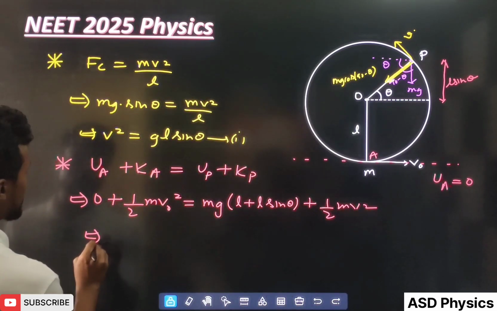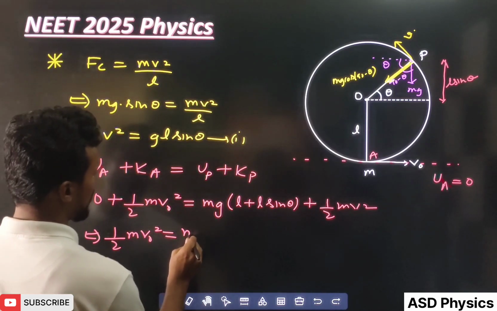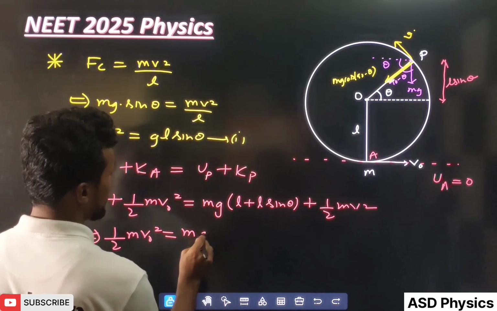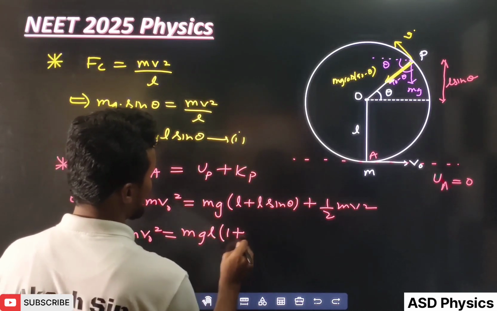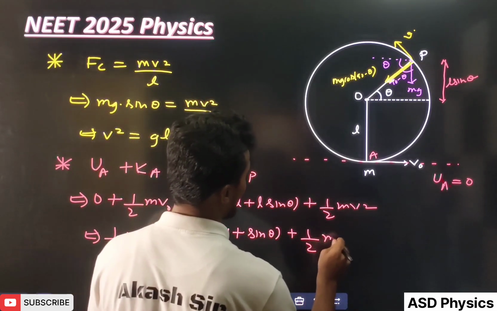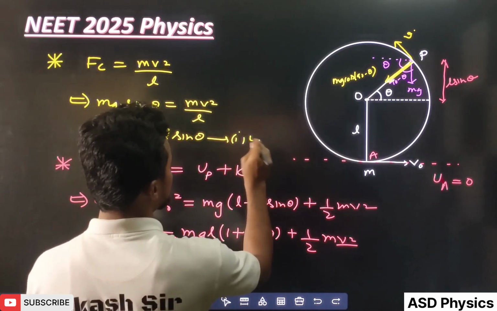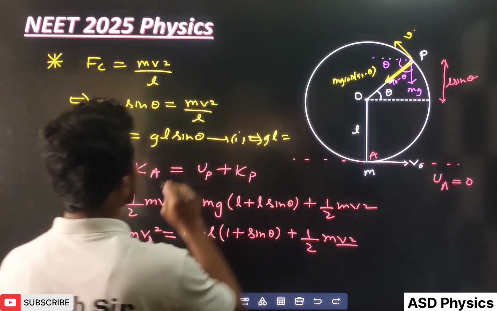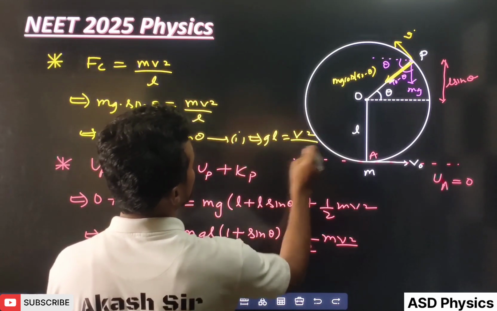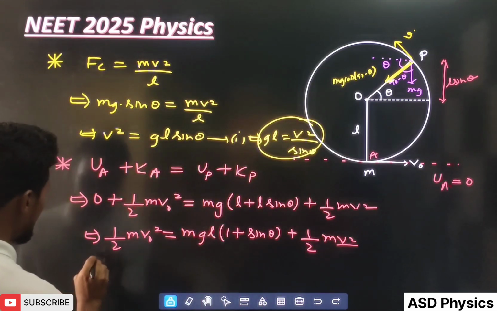Now what will become here? Kindly see, students, half m v naught square is equal to mgL into 1 plus sine theta plus half mv square. Now what you have to do here, from here gL will come v square by sine theta, that we have to put here.